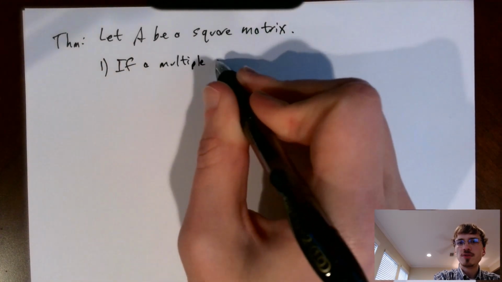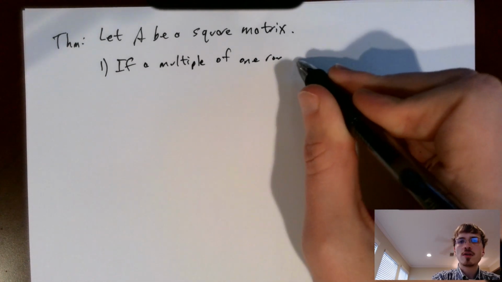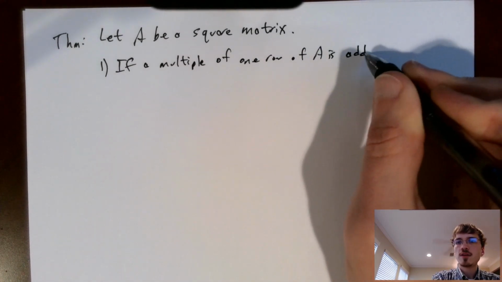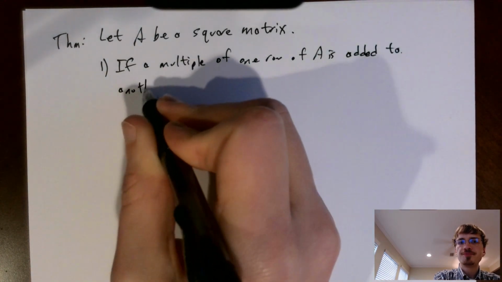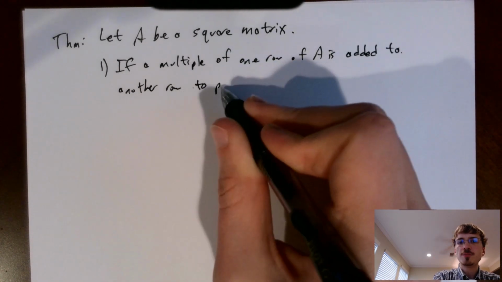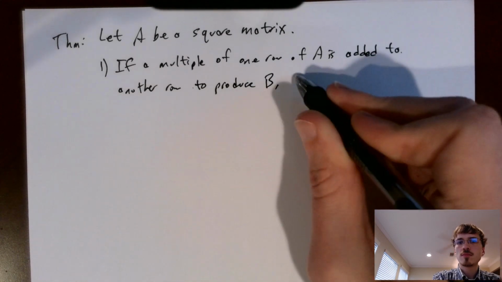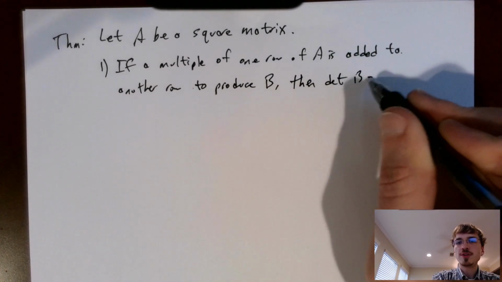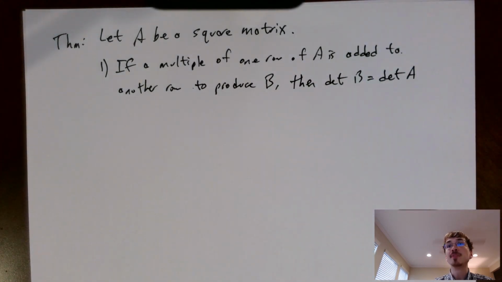If a multiple of one row of A is added to another row to produce some matrix B, then the determinant of B, the new matrix, is equal to the determinant of the original matrix A. That's kind of cool.